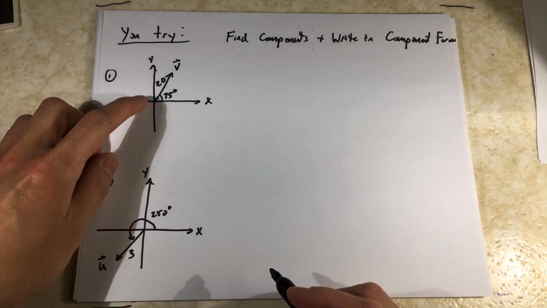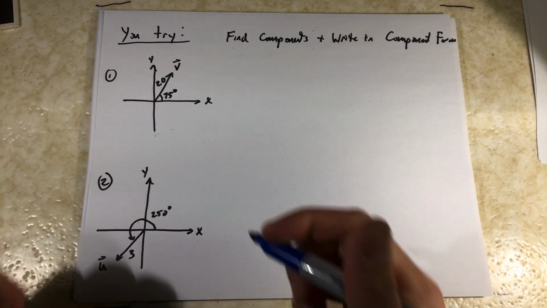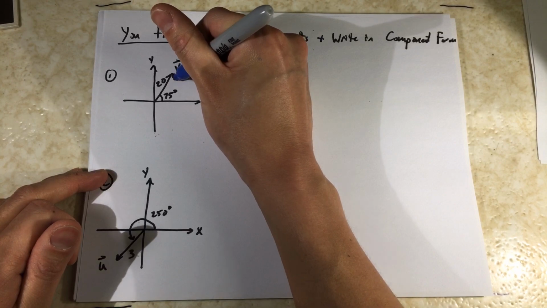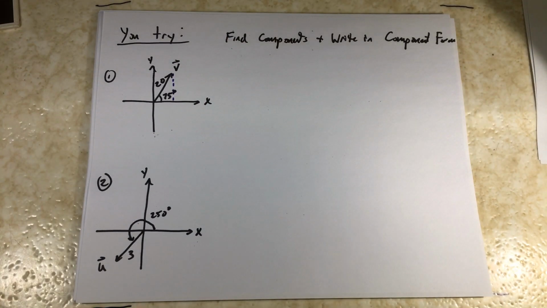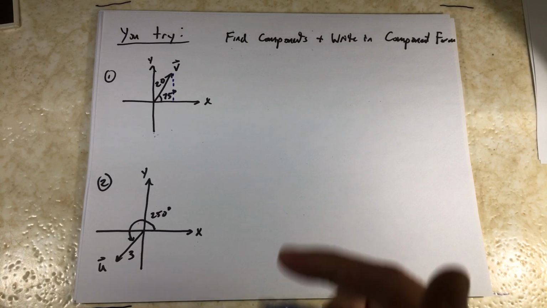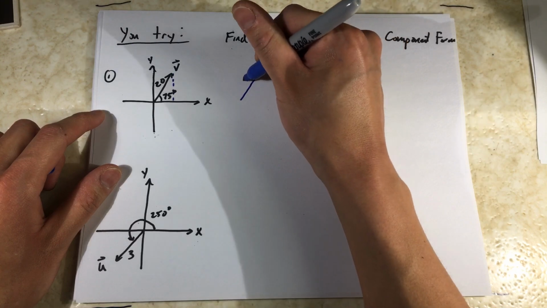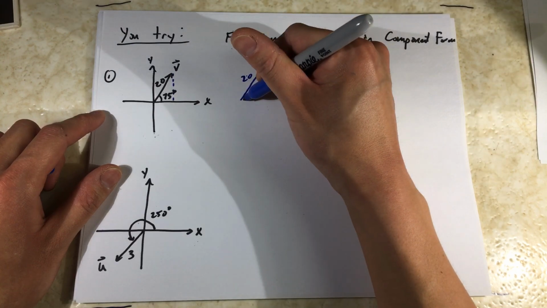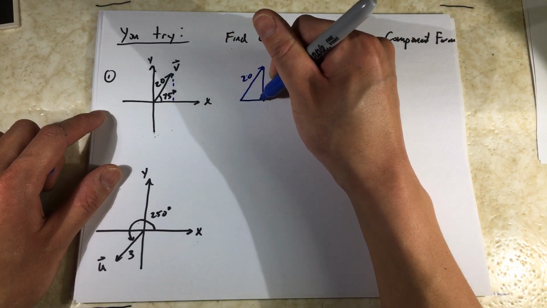All right, so let's get started. What I would do first is extend a line downward from the tip to create my right triangle. So my right triangle would look something like this: 20, and then a line downward, and then the x-axis.